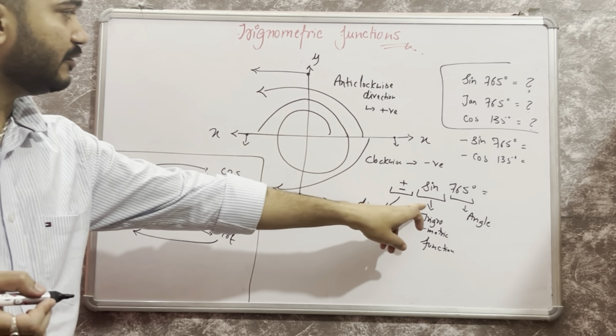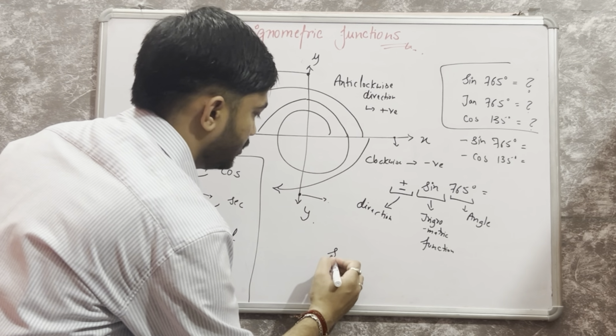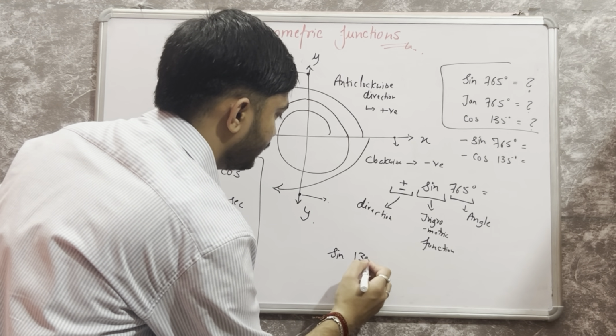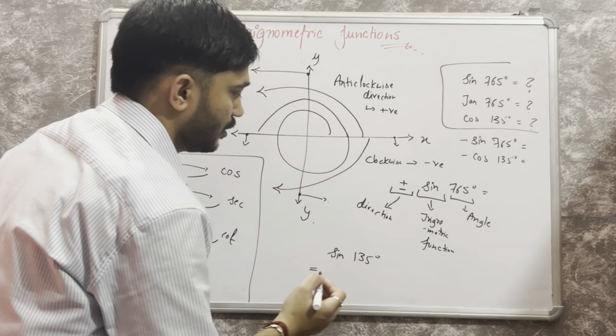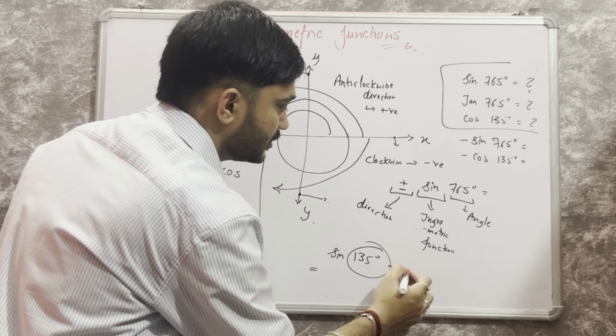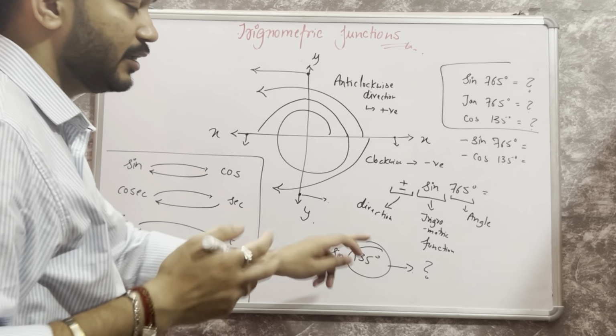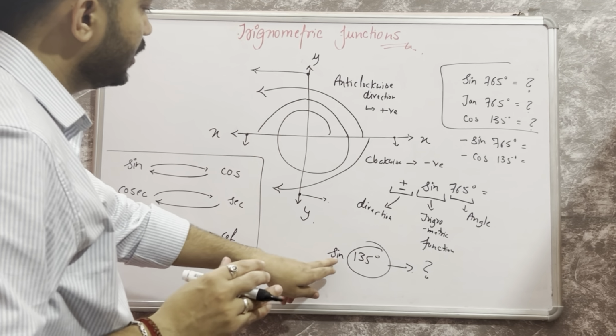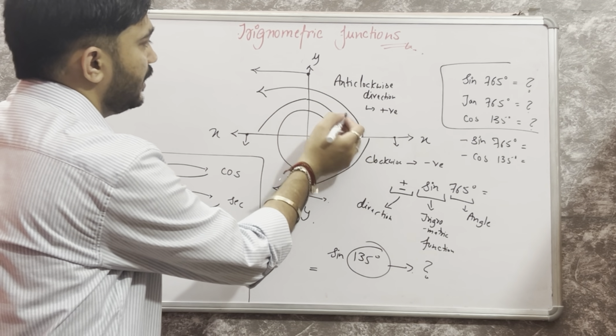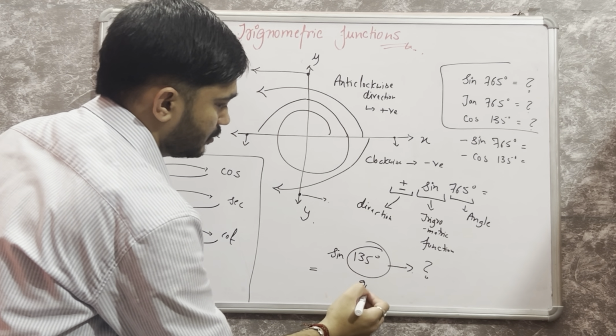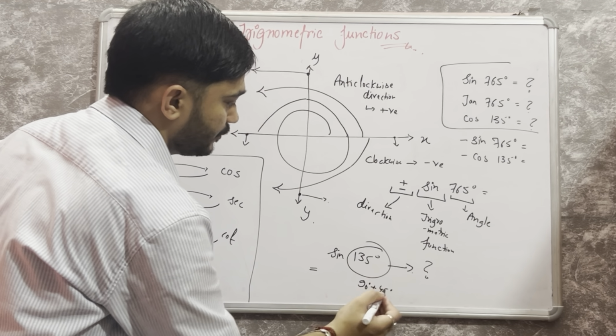That is, if we consider sine 135, we are going to break this angle into smaller parts. In that case, we take 90 plus 45.